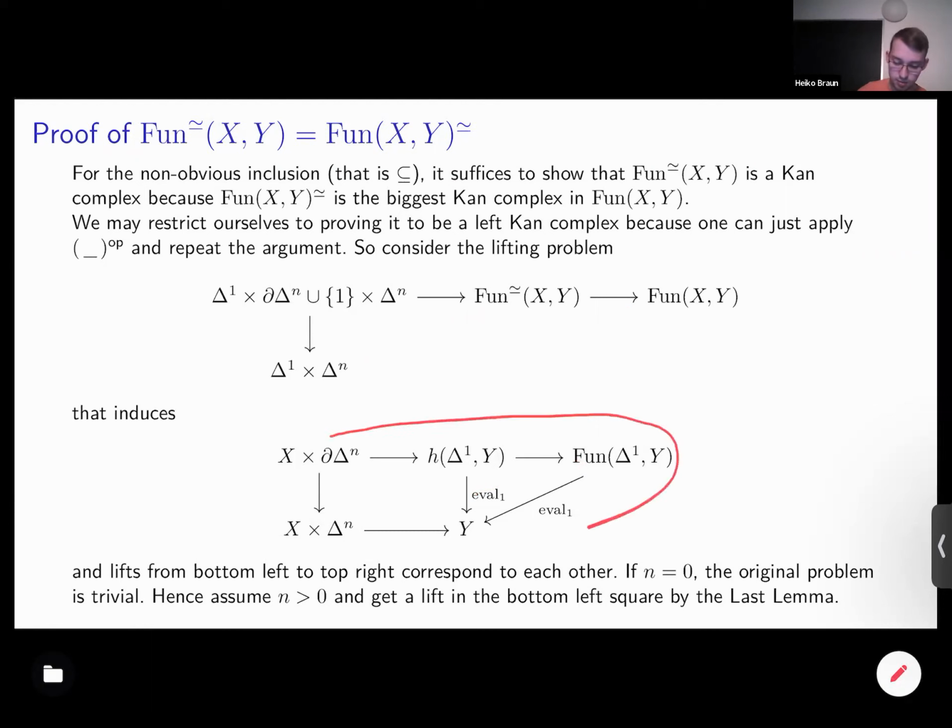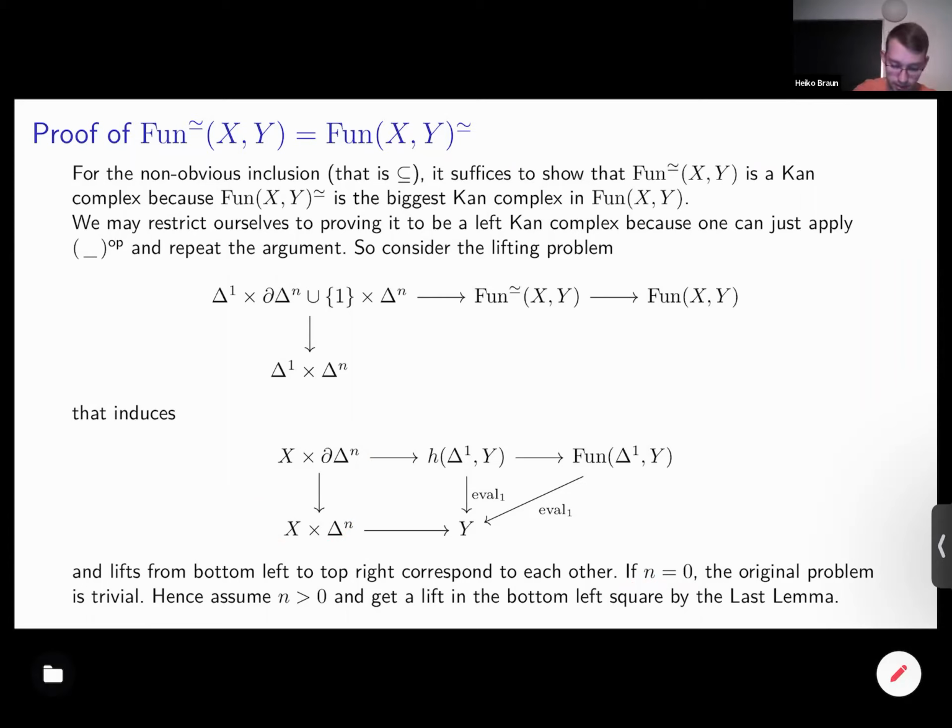So in this picture, because this is an inclusion, if n equals 0, that's the point, then the original problem is easy to solve. There's no problem then.